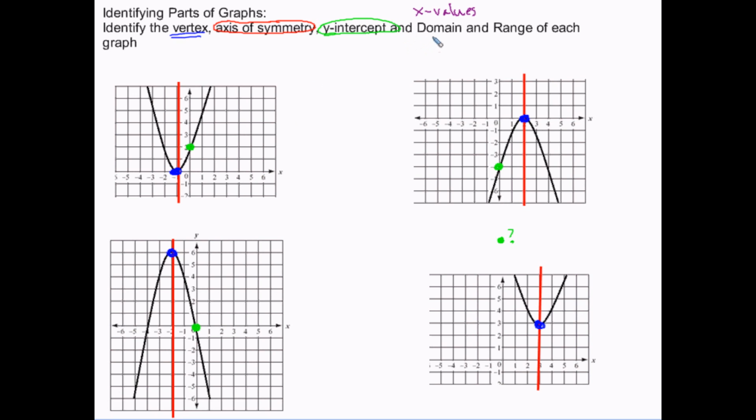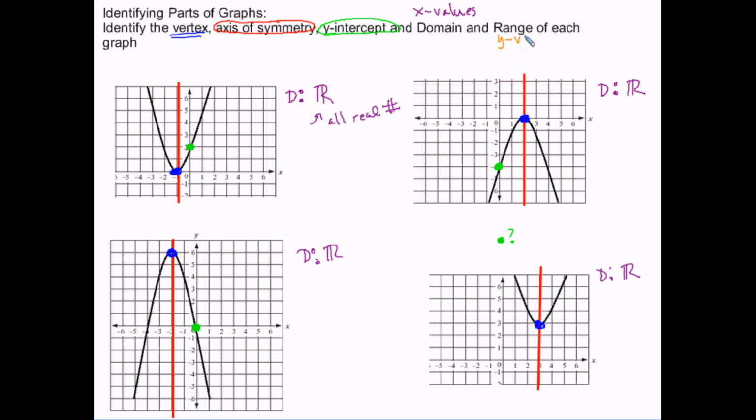So the domain on these is going to be all real numbers. This is a symbol for all real numbers. And that will be the domain for every single one of these quadratics. Okay, those are all the x values that will make this plausible. It's our range that is limited.